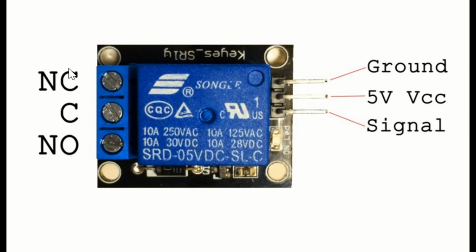The normally closed, common, and normally open terminals are designed to handle high voltage. So for any switching of high voltage requiring AC signal, we usually use a relay rather than just using an Arduino directly. So that's why we are applying it here.